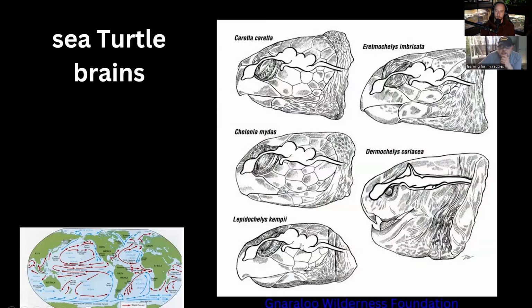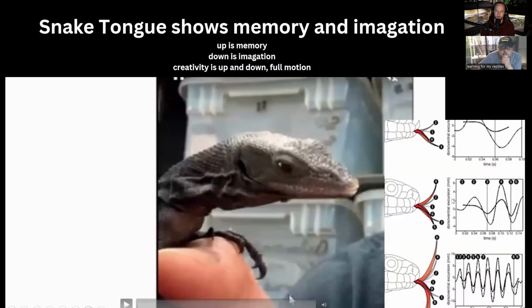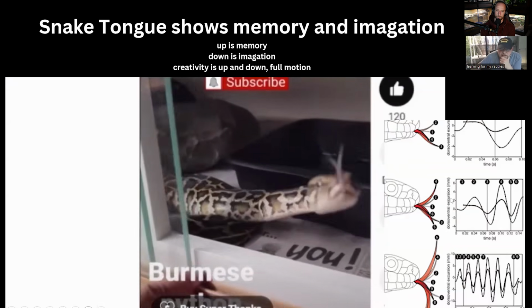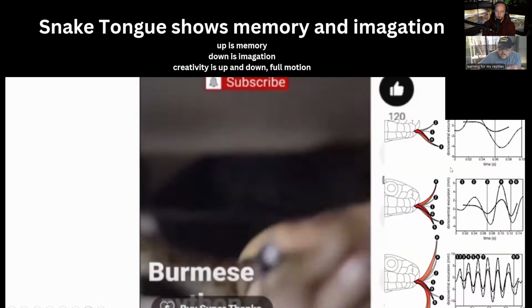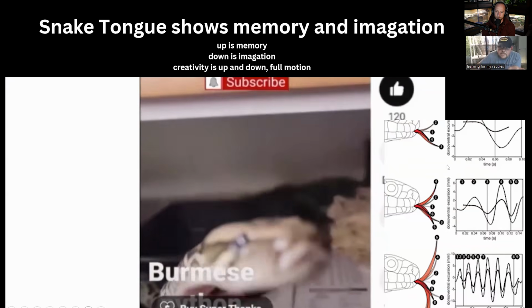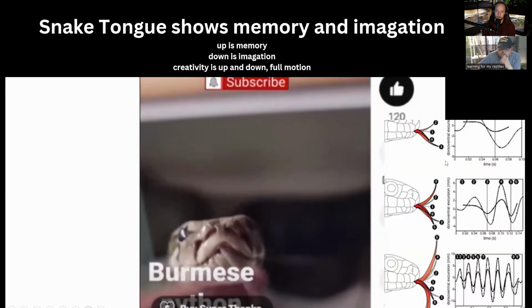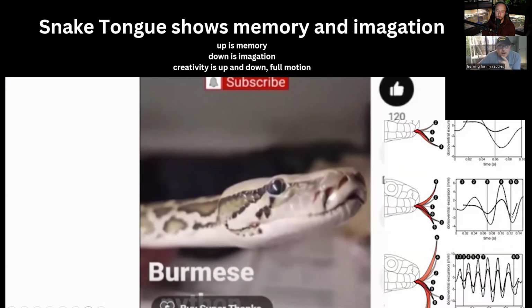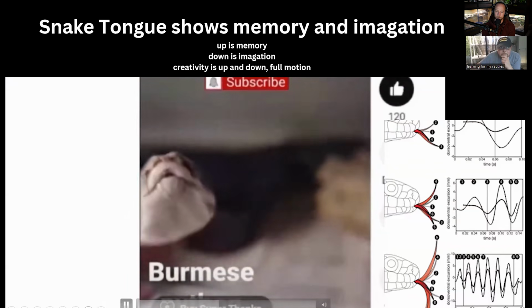Yeah, the tongue flicks. See how he's tongue flicking up? He thinks he's about to get food. Remember, this is the forebrain we're talking about, but the olfactory stalk goes straight into that.